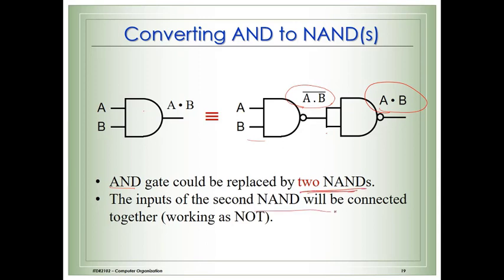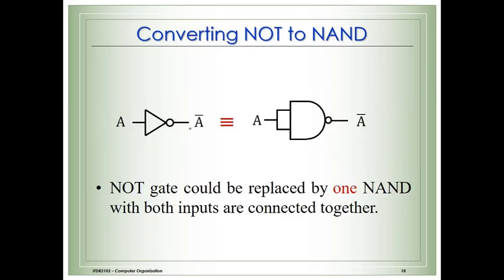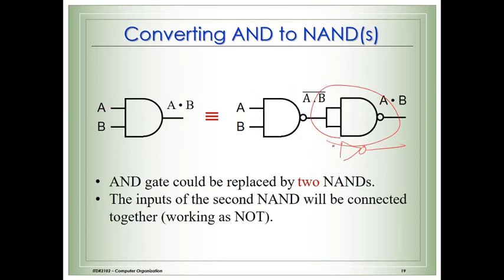The inputs of the second NAND gate are connected together, working as NOT, correct? This is very similar to the NOT gate, right? Because we just discussed in the previous slide that one NOT is equivalent to one NAND gate. So here you get (A and B) NOT, then again you take its NOT, so you get (A and B) double NOT. Whenever you perform NOT twice, it reduces to only A and B.